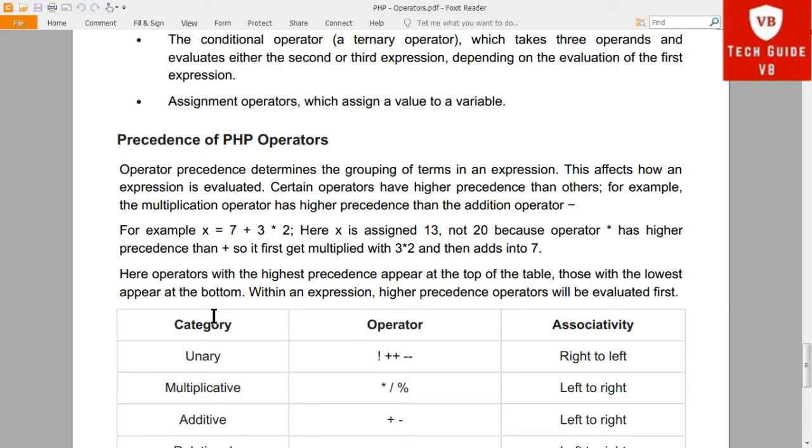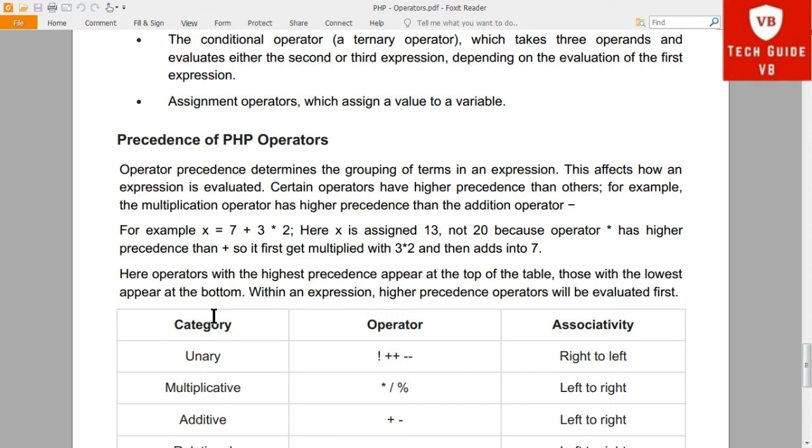So, the precedence of the PHP operators. We have to follow the precedence order. Operator precedence determines the grouping of terms in an expression. This affects how an expression is evaluated. Certain operators have higher precedence than others. For example, the multiplication operator has higher precedence than the addition operator.